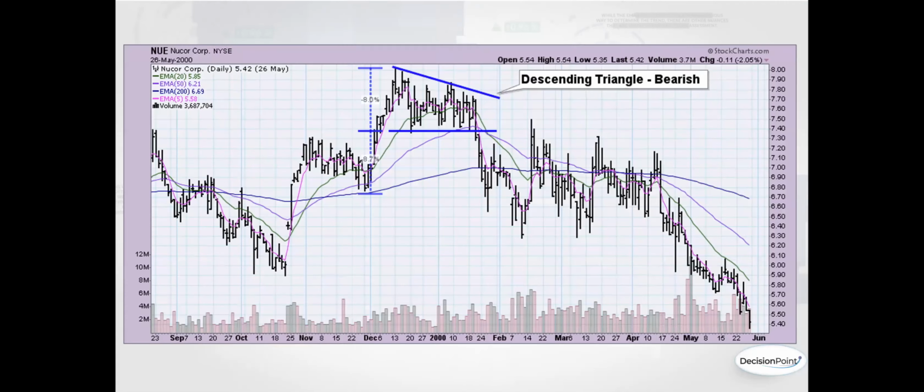So here's your descending triangle. This has the flat bottom. You'll remember the ascending triangle had a flat top. The descending triangle has a flat bottom and declining tops. So think about it this way. The support is holding, so the bulls are keeping things above support, but bears are starting to win.